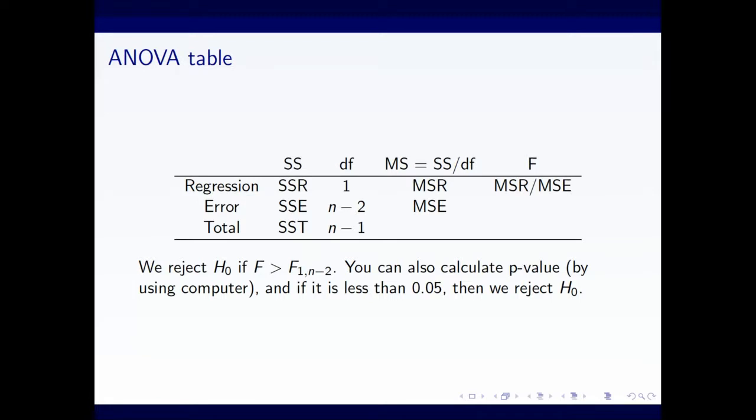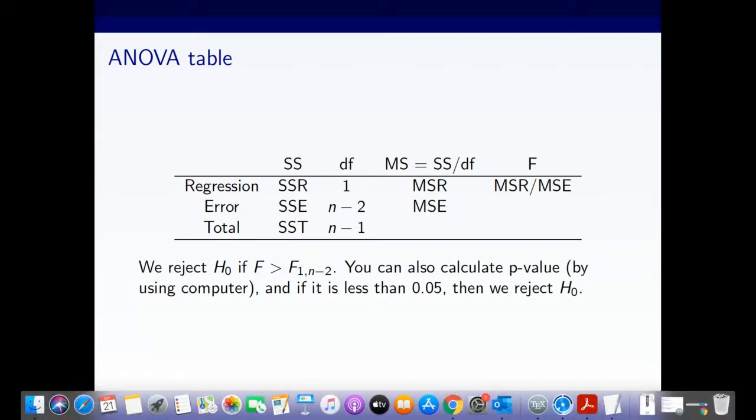So as you know, the F statistic only has a positive value because it is a ratio of chi-square statistics.